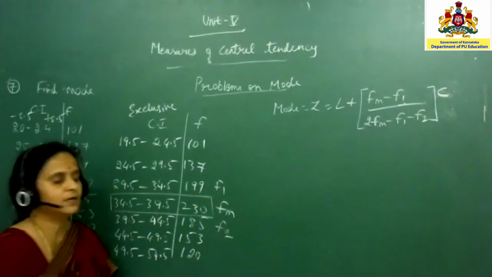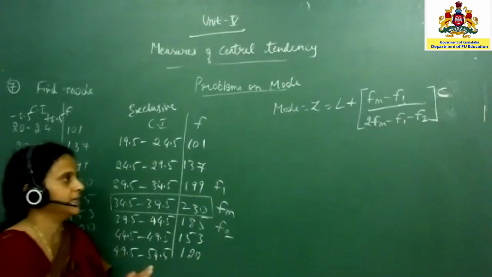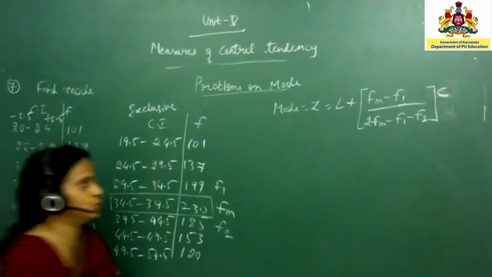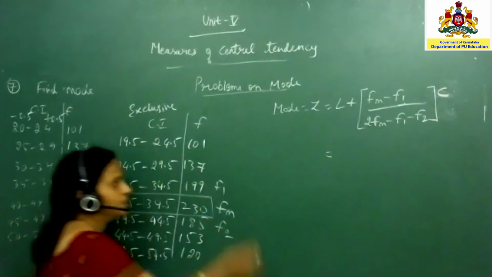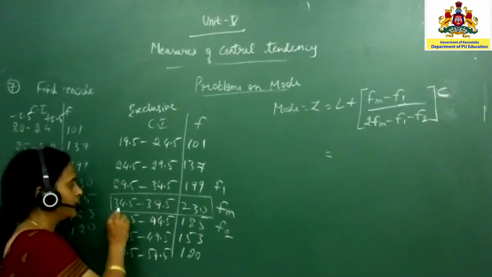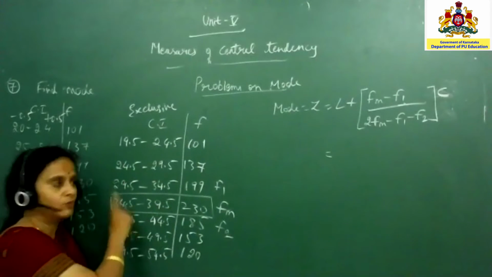Once you get FM, F1, F2, and L, you have to write the formula and make the substitution. The formula is on the board. L is the lower limit of the modal class, which is 34.5.